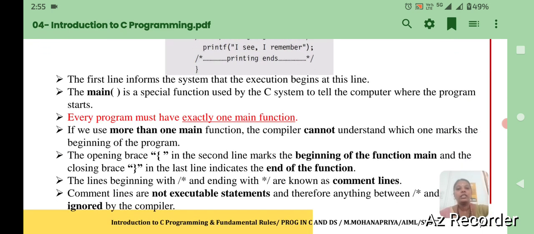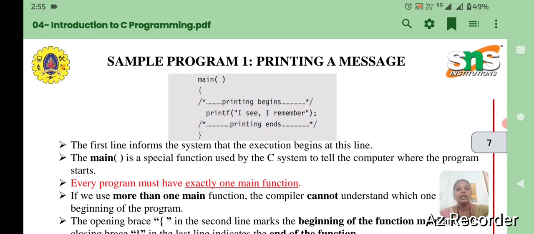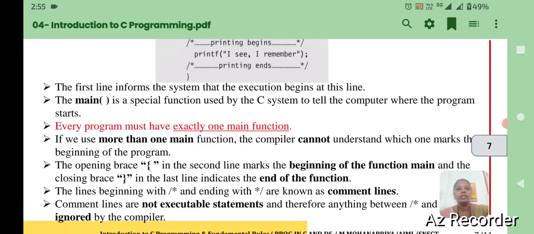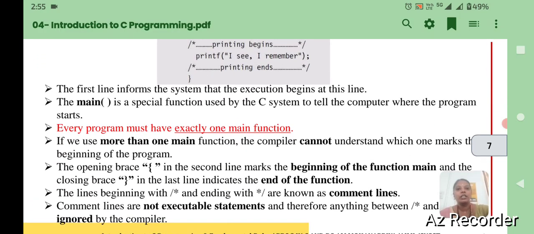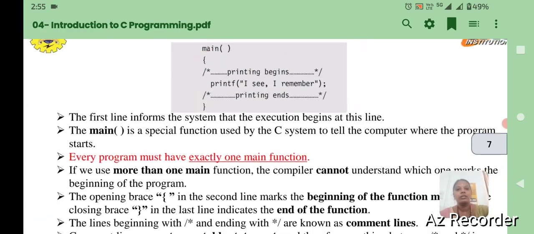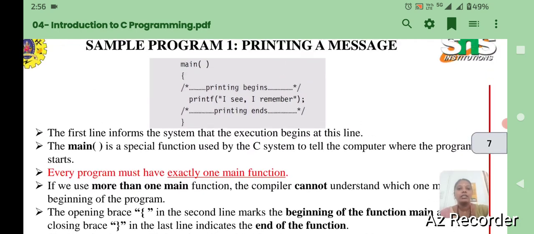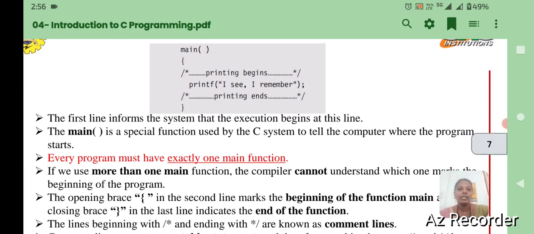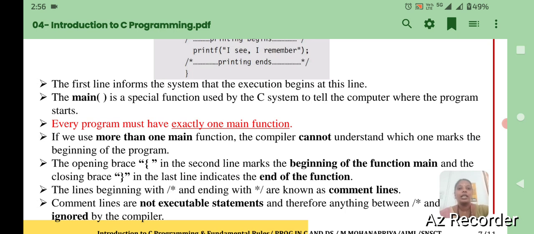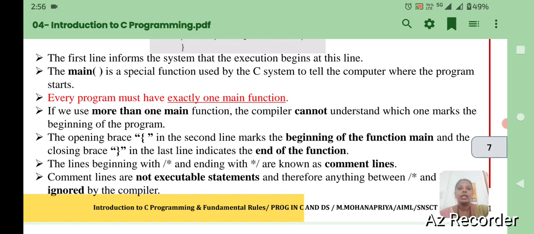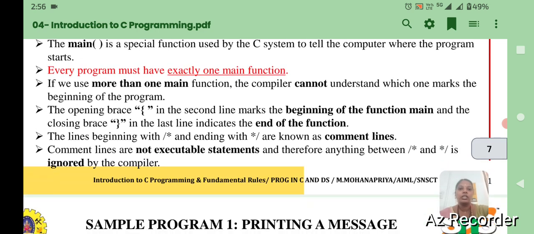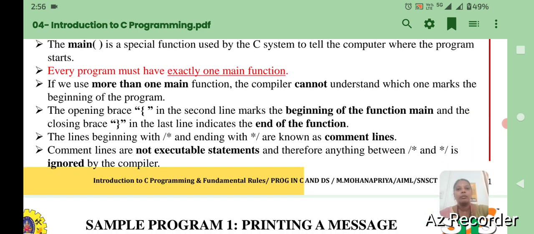The opening brace in the second line is the beginning of the function, and the closing brace in the last line marks the end of the function. A line that starts with slash-star is known as a comment line. It is not executed at the time of execution and is ignored by the compiler.